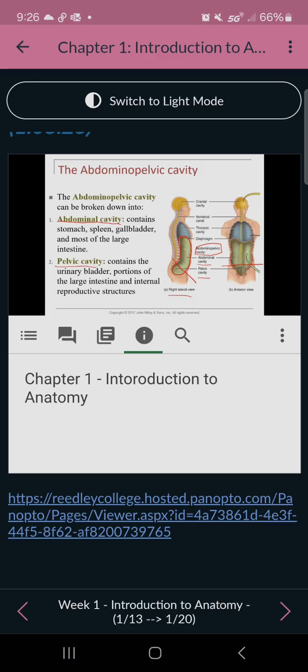Here this is a right lateral view, sideways, and this is an anterior view where the model is facing us. The abdominal cavity contains the stomach, the spleen, gallbladder, and most of the large intestine, whereas the pelvic cavity contains the urinary bladder, portions of the large intestine, and internal reproductive structures.